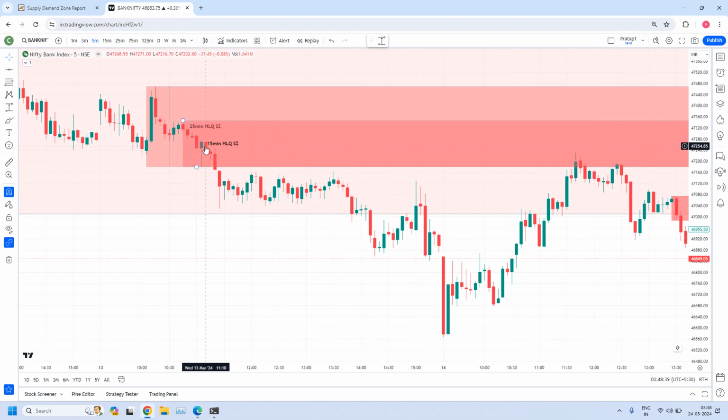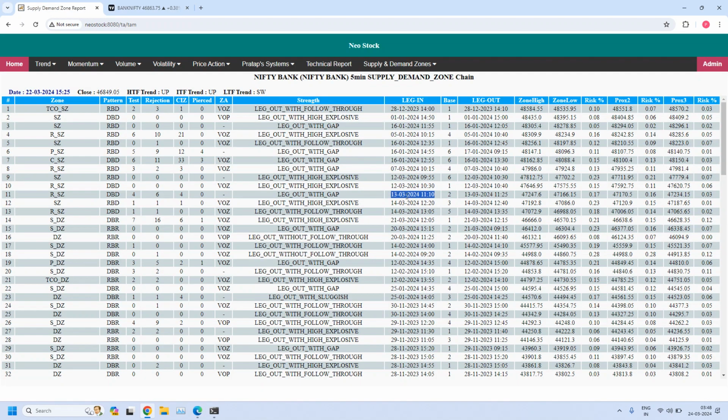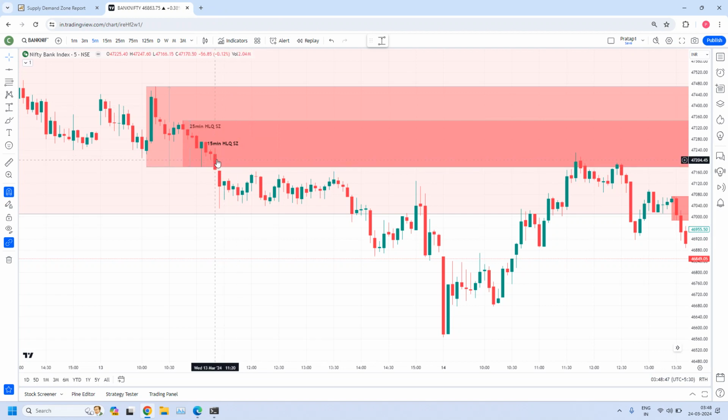This is 11.5, this is 11.10. 13.3, 11.10, 2 base candles. Here also it did not take it as a leg candle. The reason is, this is a normal leg candle, because the range is not good enough. Here a big range is there. That's why it is considered a large candle. Maybe the software considers this as an ERC candle.